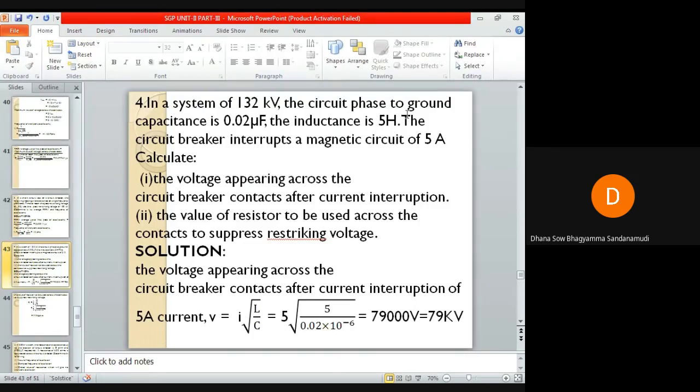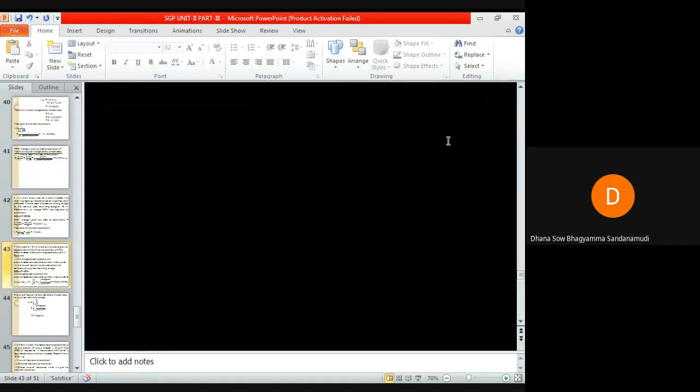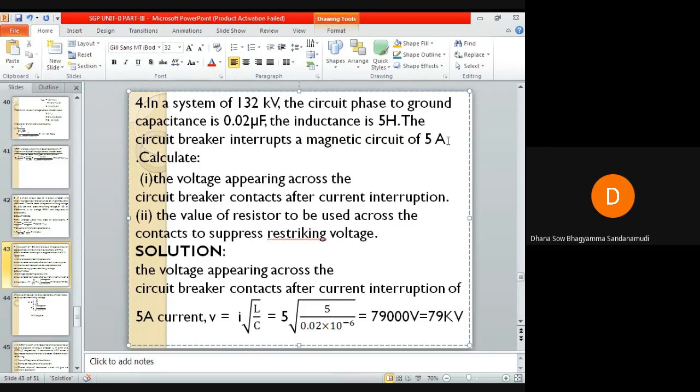You must get the idea to use V is equal to I into root of L by C. How will you get the idea? If you read the question carefully. The circuit breaker is interrupting magnetizing current of 5 amperes. As soon as I read it, I told you that it is a low inductive current. Whenever a circuit breaker is interrupting low inductive current, current chopping will definitely occur across the contacts, means the arc will be interrupted before its natural current zero. So you definitely need resistance switching to overcome this.